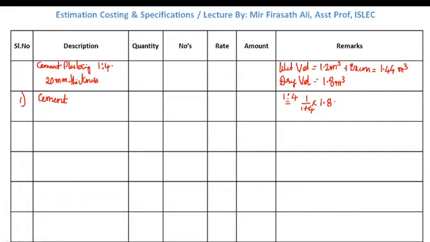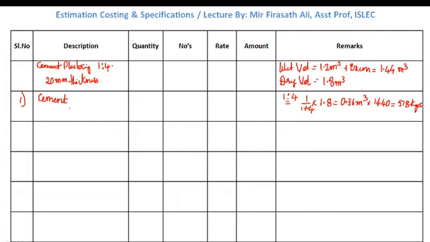Okay, so it is around 0.36 meter cube. 0.36 meter cube into density of cement is 1440, which gives us 518 kgs.